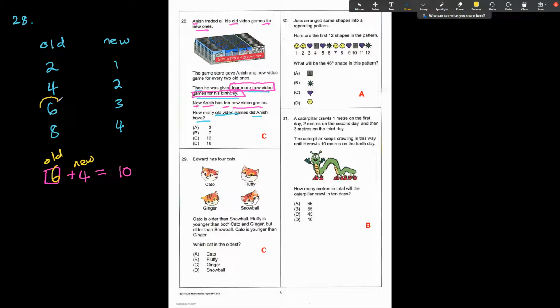So this is the old ones that he had and he gave it all away to get new ones. How many new ones did he get from those old ones? He got 3, right? Because it was 6. So he converted it into 3 new ones.